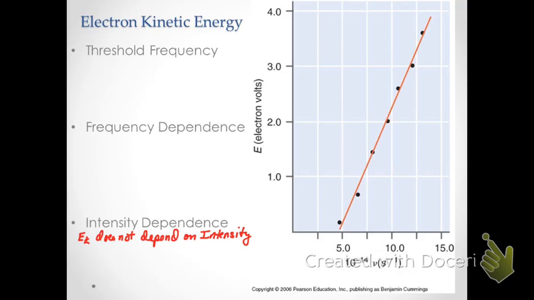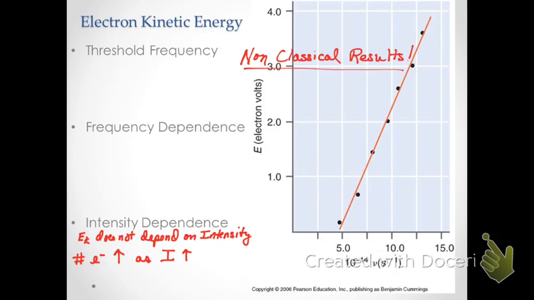So classically we might expect, if we increase the intensity or amplitude of the wave, that we'd see electrons being ejected with greater energy. We do not see that. What we see instead is, as we increase the intensity, while the kinetic energy doesn't increase, the number of electrons ejected increases. So that's another important result. Again, none of these can be explained by classical theory. So a new theory has to be developed.